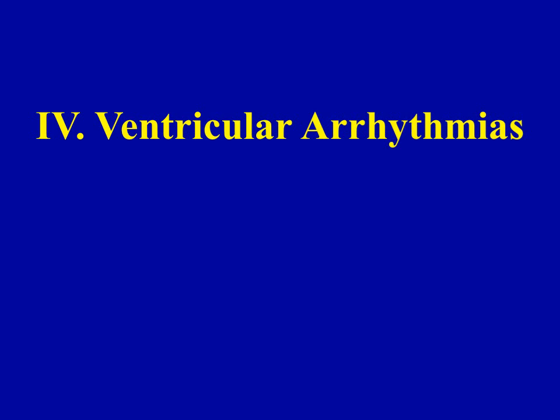And also I said that atrial arrhythmias are less serious than ventricular arrhythmias. Usually ventricular arrhythmias are life-threatening if left untreated. So please be careful, and you should know the different types of ventricular arrhythmias because their prompt treatment can save the patient's life. What are the different ventricular arrhythmias?